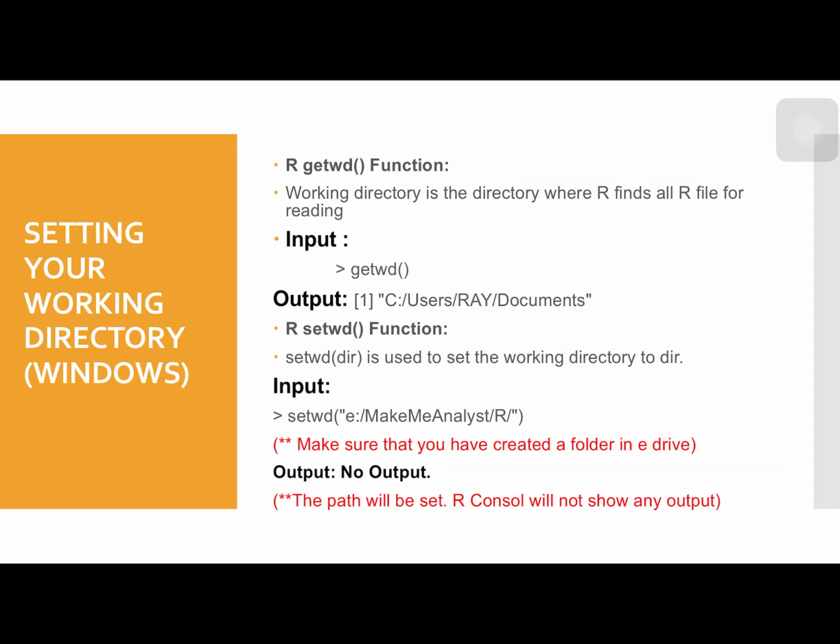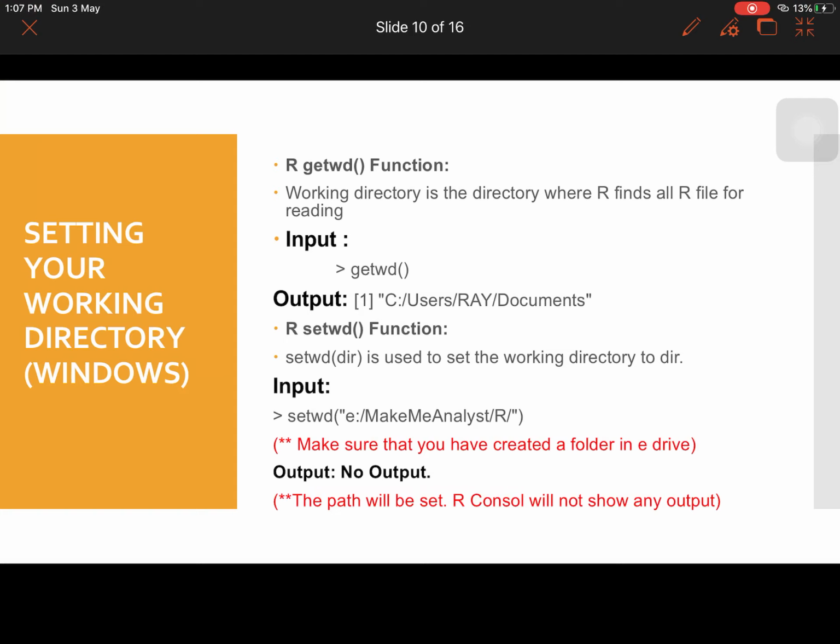The next is how to set up the working directory for Windows. The working directory is the directory where R finds all R files for reading. There are two functions. The first is the getwd function.